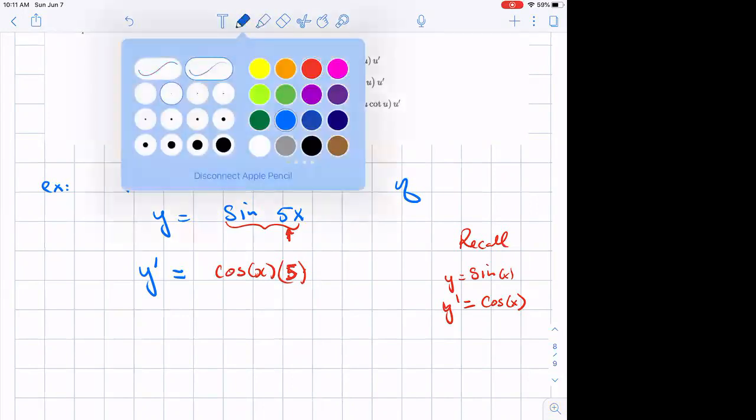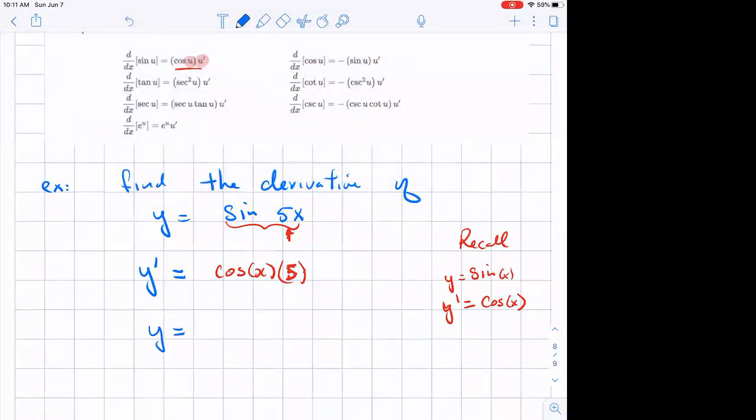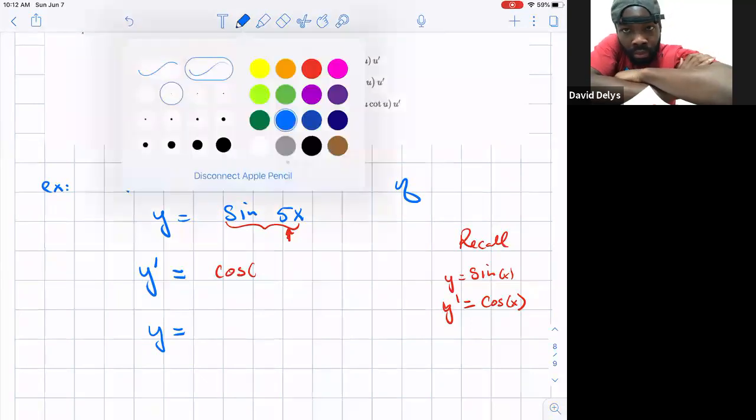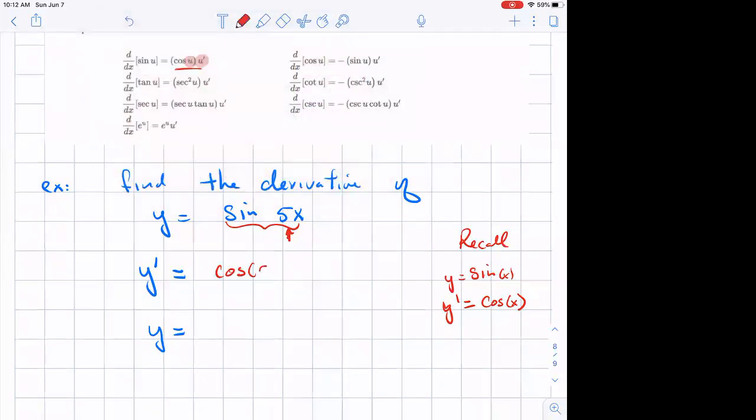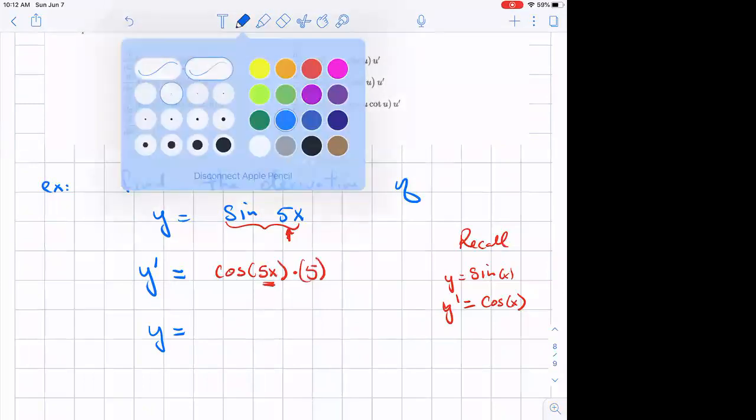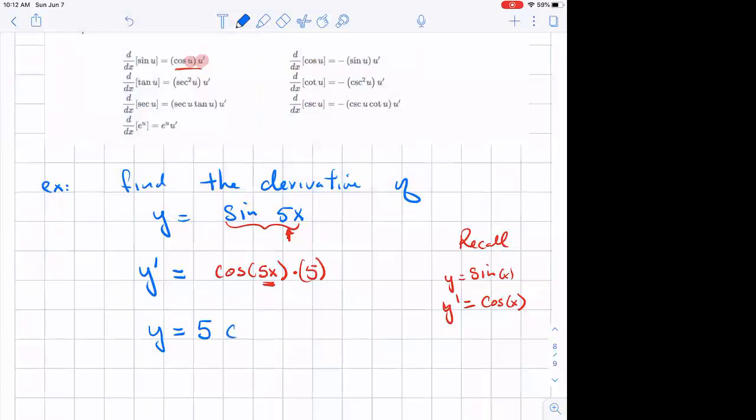So y prime becomes, oops, wait, there's a mistake here, guys. Cosine of 5x, I left out the 5, times the derivative of this now, which is 5. Okay. So finally we have y prime equal to 5 cosine of 5x.